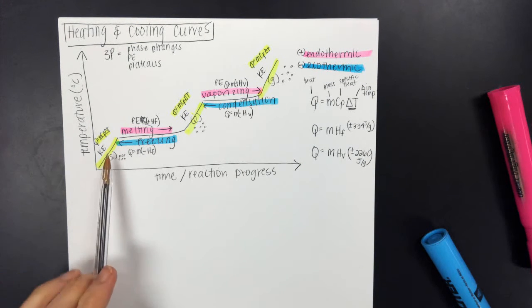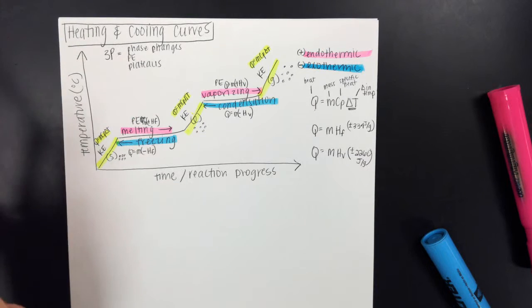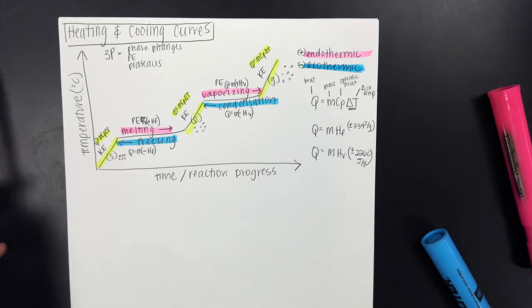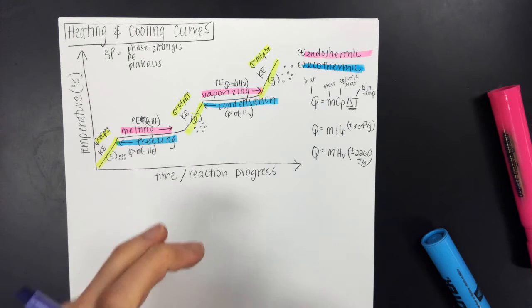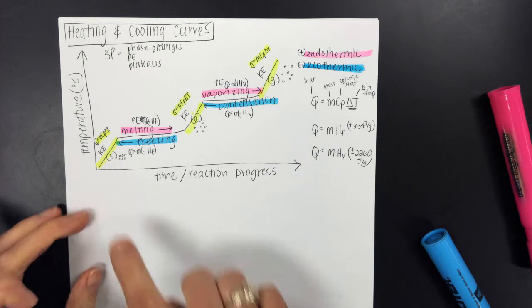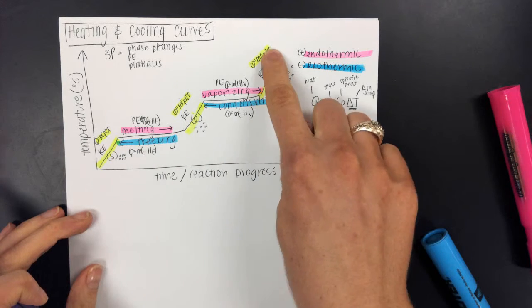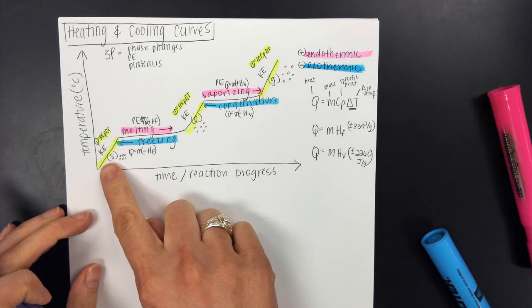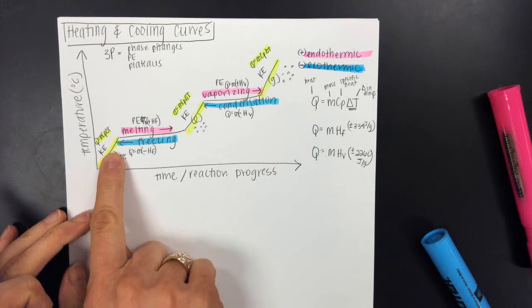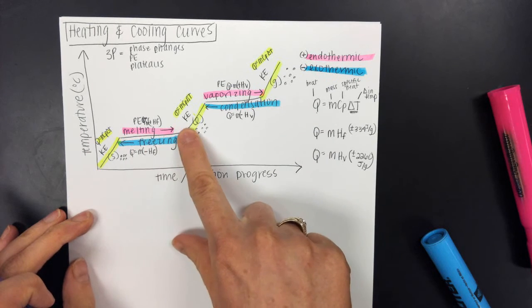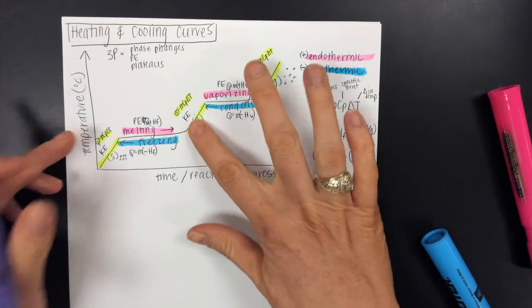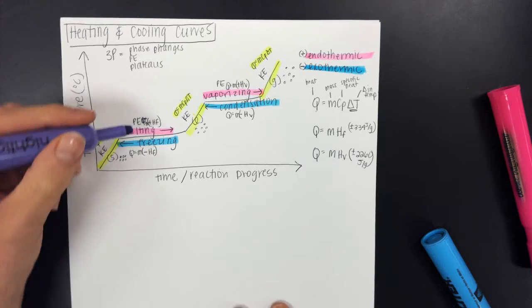I just like this chart so much because it gives you a great visual of when to use what formula, because there will be times where you're doing a heat calculation and you have to use multiple steps. At one step you're going to be increasing in temperature, and then at this step you're going to melt, and then you might increase in temperature again.